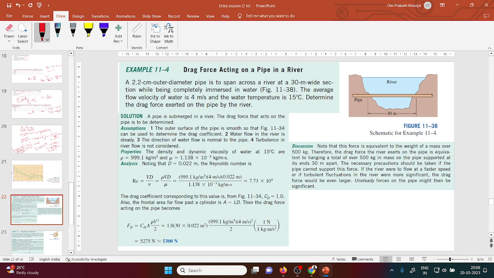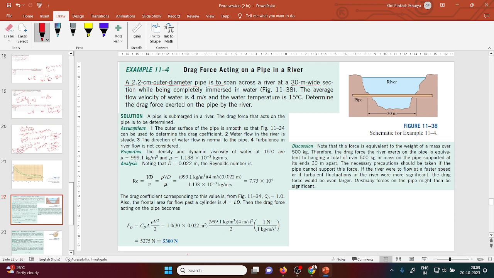What is actually written? A 2.2 centimeter outer diameter pipe is to span across a 30-meter wide river section. Here the figure is visible, right? While being completely immersed in water.